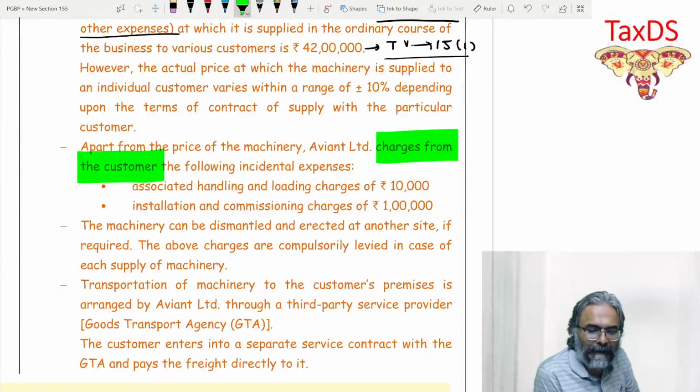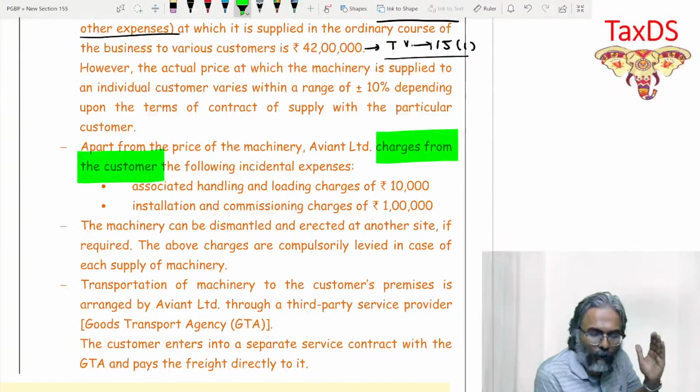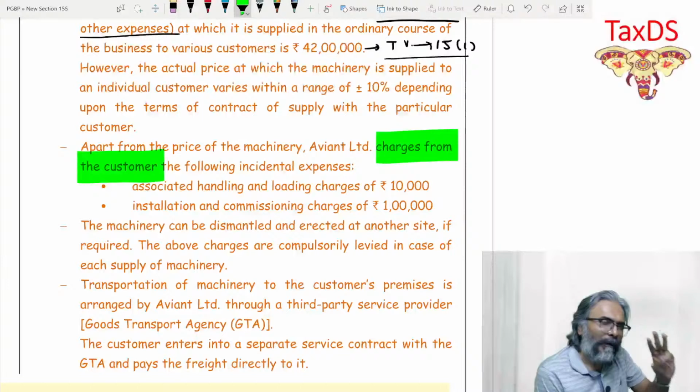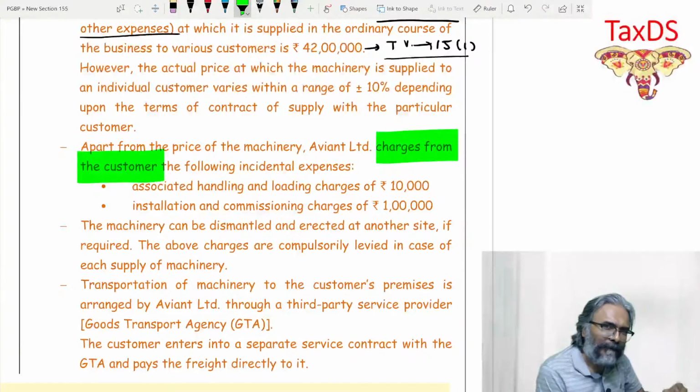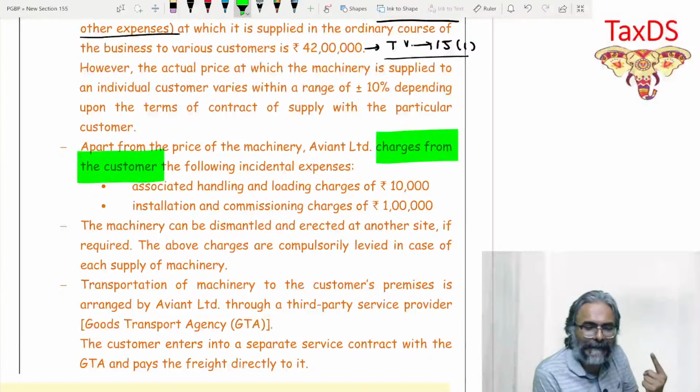The machinery can be dismantled and erected at another site if required. The above charges are compulsorily levied in case of each supply of machinery. So please tell me, what is the compulsory levy of the charges? Point number one is the handling and loading charges of 10,000.